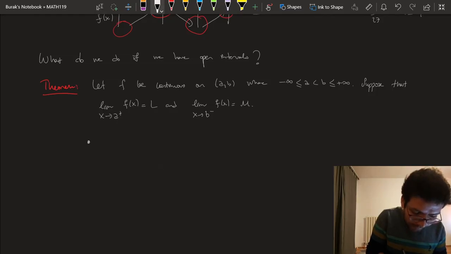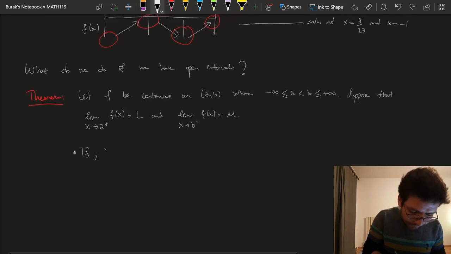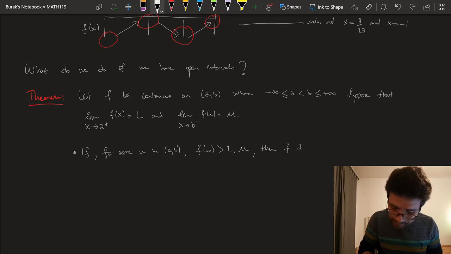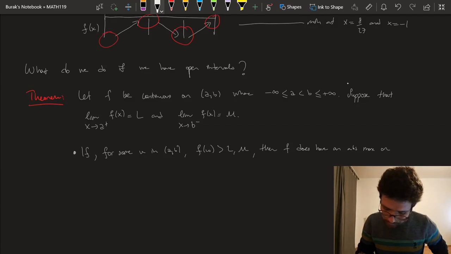Now, if for some u in (a, b), f(u) is bigger than L and M, then f does have an absolute maximum on the interval (a, b).